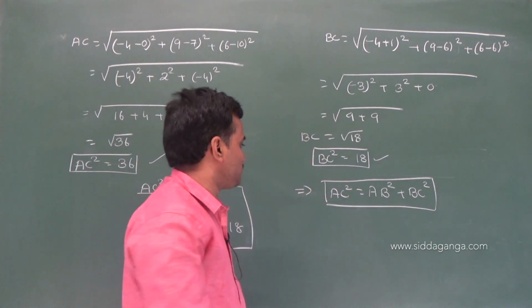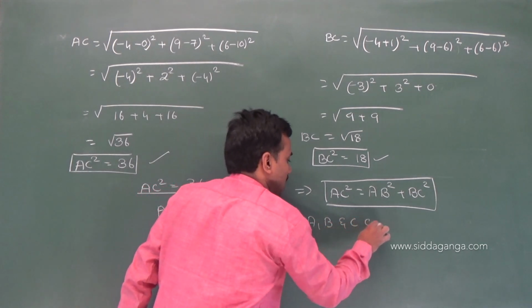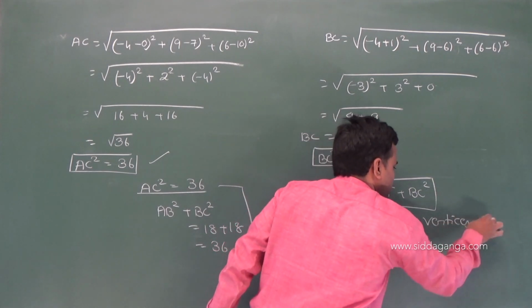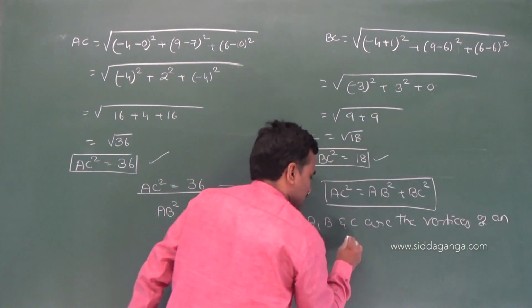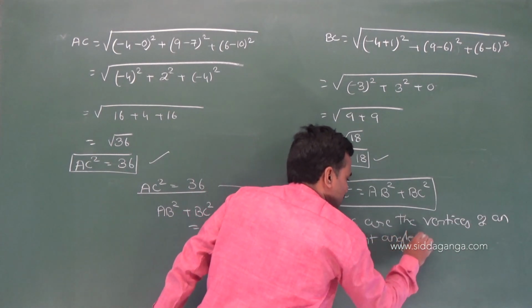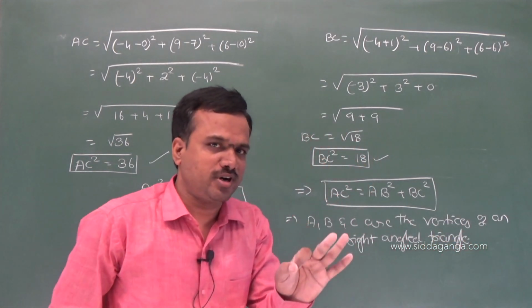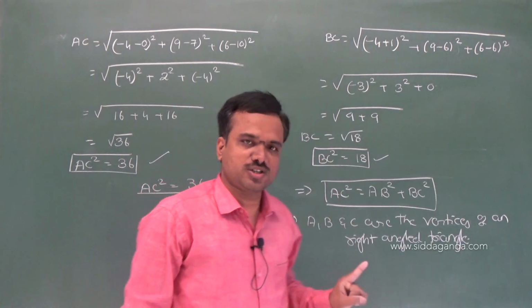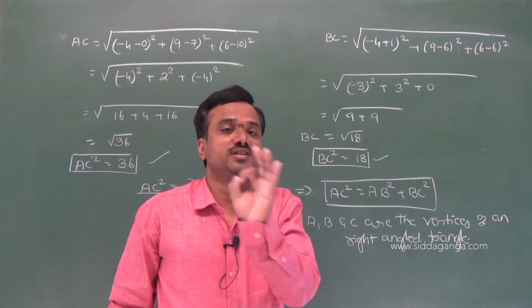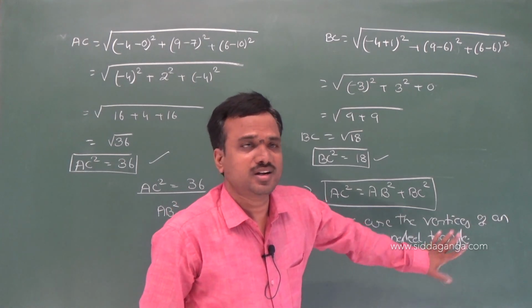If this condition is satisfied, that implies A, B and C are the vertices of a right angled triangle. So if the Pythagoras property is satisfied, then these 3 points are the vertices of a right angled triangle.